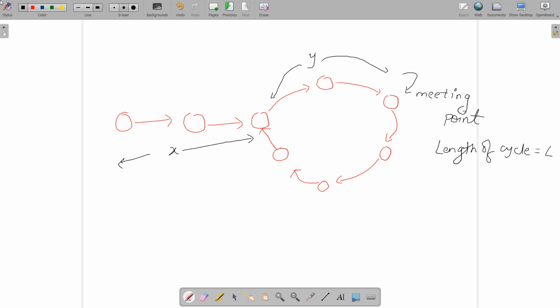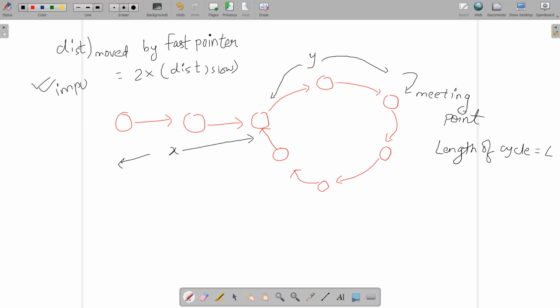The concept behind it is that in such problems you must remember the distance moved by each pointer. The speed of the fast pointer is twice the speed of the slow pointer, so the distance moved by the fast pointer will always be twice the distance moved by the slow pointer. This is important, so let me mark it. This will help you in deriving everything.